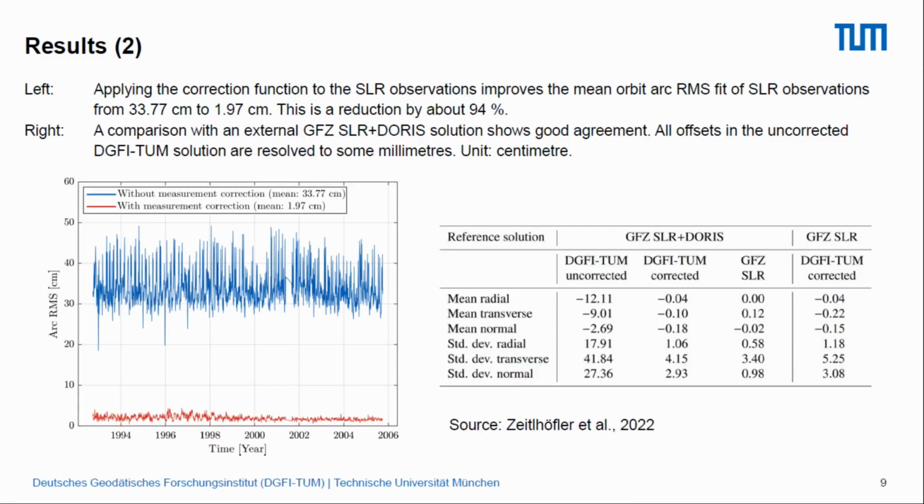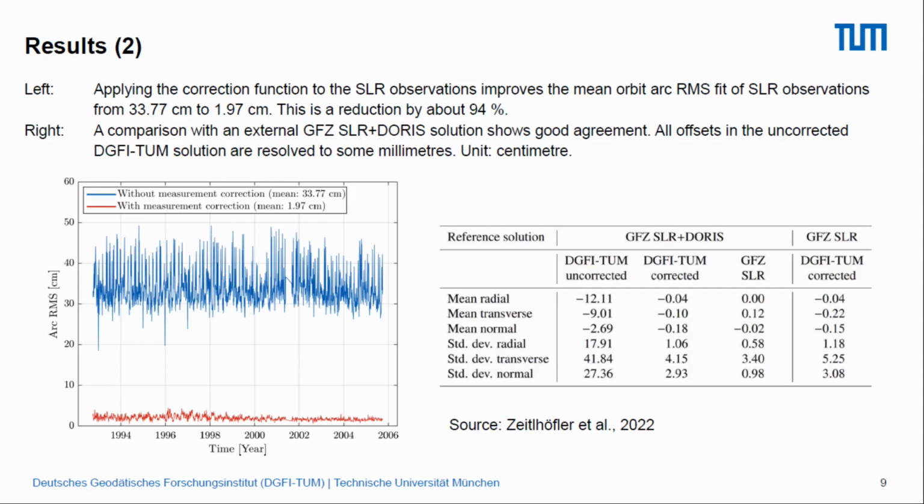The benefit of this correction function is that the initial RMS of 33.77 centimeters is reduced to approximately 2 centimeters, which is clearly better. And we compared the improved orbit to external orbits, in this case the GFZ SLR plus DORIS solution and the GFZ SLR solution.